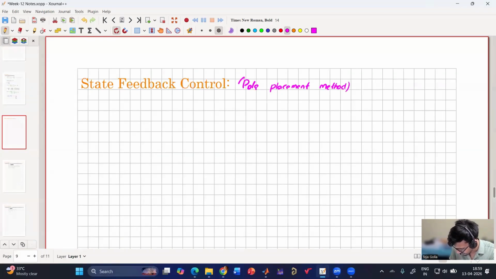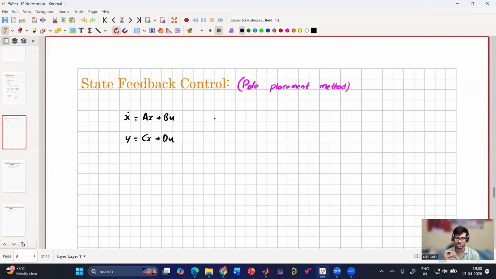Say we have a given system x dot equals Ax plus Bu, y equals Cx plus Du. Basically, what we are trying to do is feed back the states as the input. That's why it's called state feedback control.